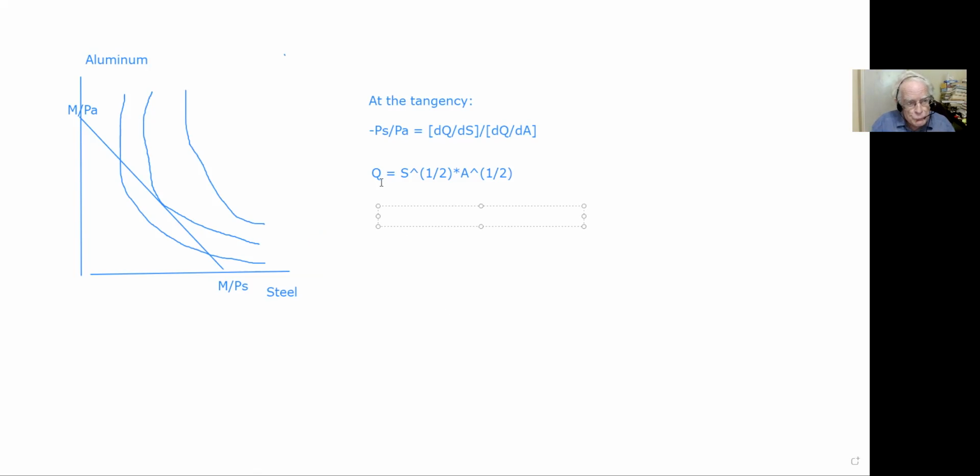It would be helpful to use some calculus in this problem because we want to derive the marginal product of steel and aluminum and then equate that ratio to the relative price of steel.